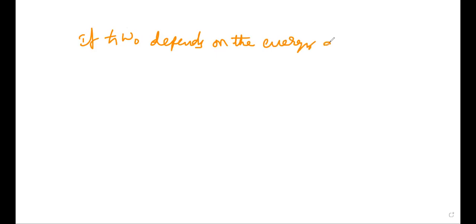So h cross omega naught depends on the energy difference between these two levels.